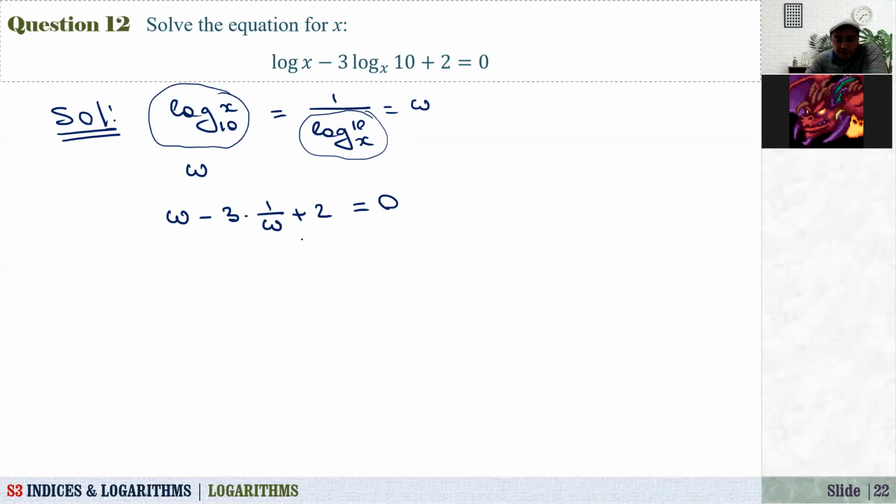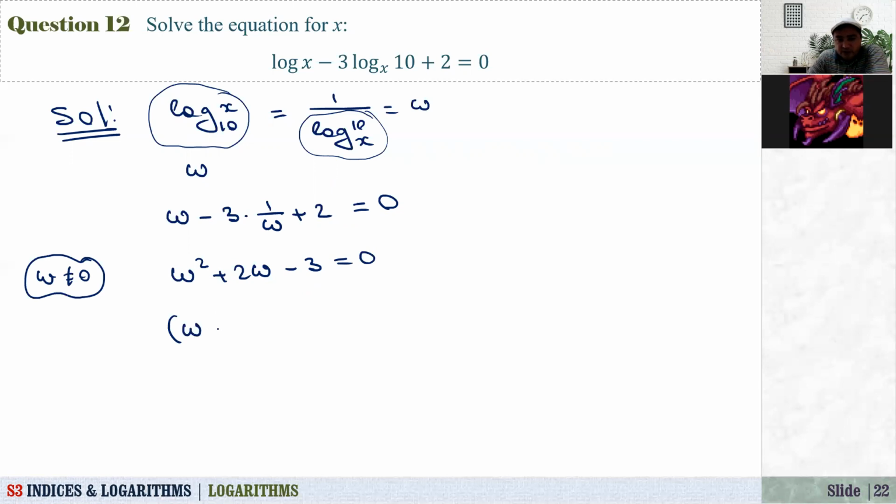Since we know that w is not equal to 0, because if w is equal to 0 it's not possible, I can multiply both sides by w. Then we have the equation w squared plus 2w minus 3 is equal to 0. If you factorize this, 3 times negative 1 is negative 3, and 3 plus negative 1 is equal to 2.